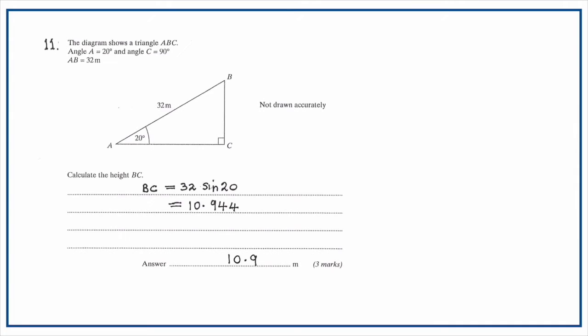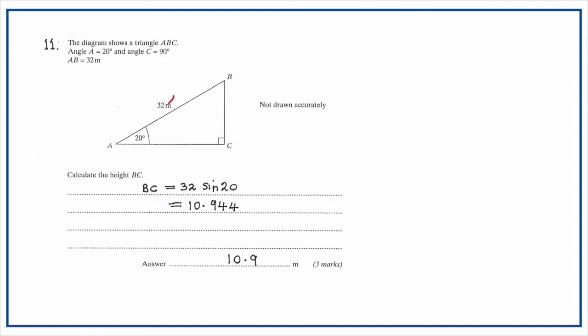Well, this angle, that's the opposite side of the angle, BC, which we want to find, and we've been given the hypotenuse. So sine 20 equals BC over 32, because sine is opposite over hypotenuse.